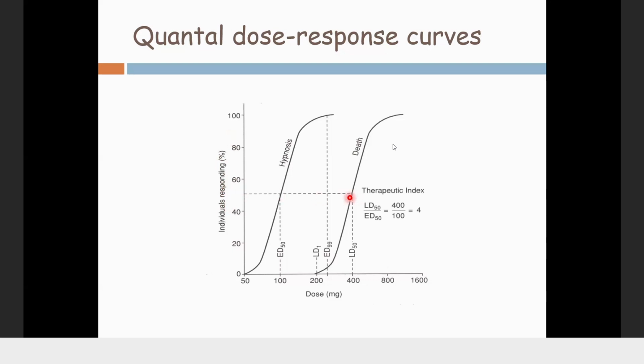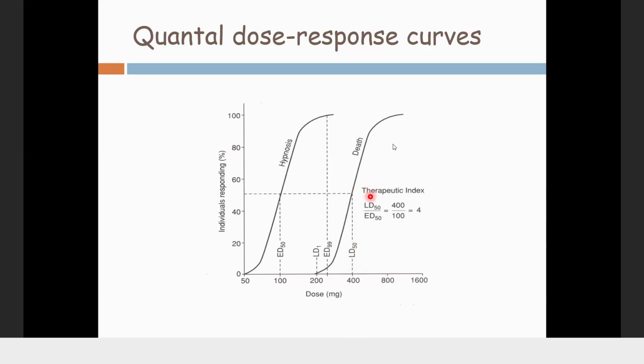The LD50 value is the point where 50% of the animals are dead, which here is 400 milligram.